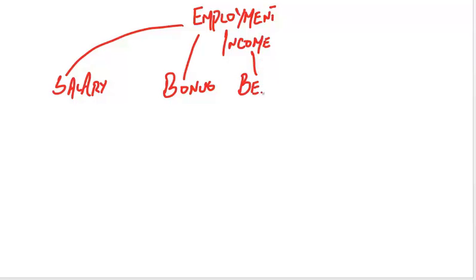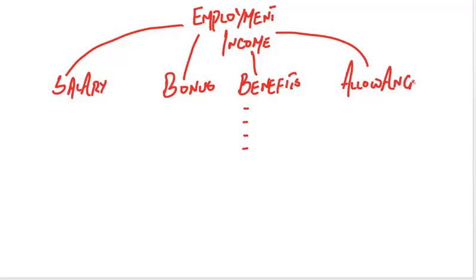Calculation of the benefits, you can get a question separately on benefits, so this is very important. It is a list of benefits that we'll cover. You have allowances, and so on.